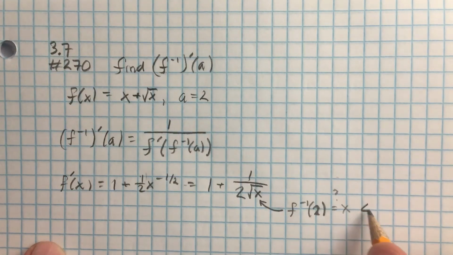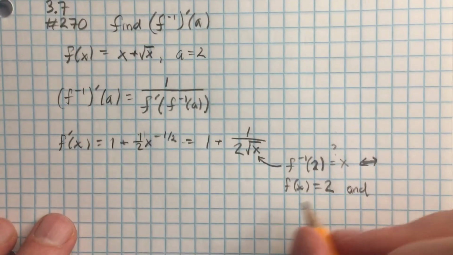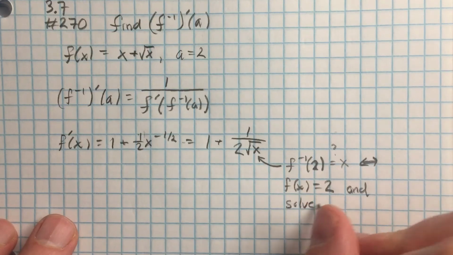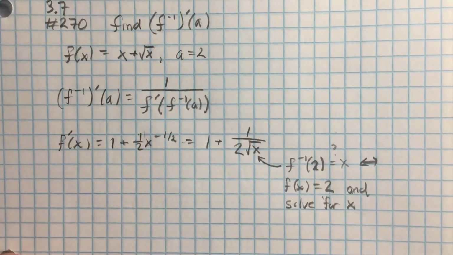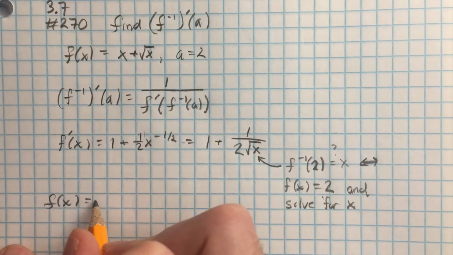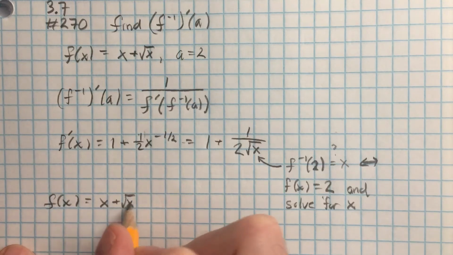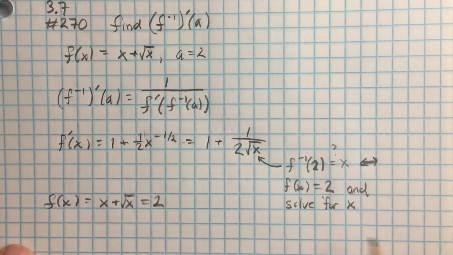Well, that's the same as saying f of x equals 2 and solving for x. So I'm going to take the original function, f of x equals x plus root x, set it equal to 2, and solve.